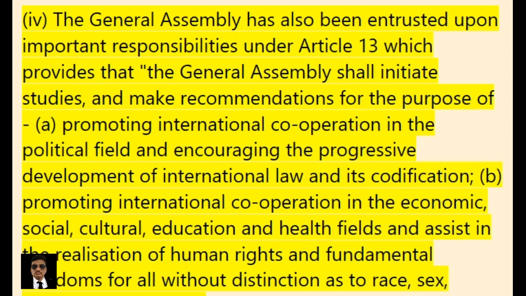Promoting international cooperation in the economic, social, cultural, education and health fields and assisting in the realization of human rights and fundamental freedoms for all without distinction as to race, sex, language or religion.